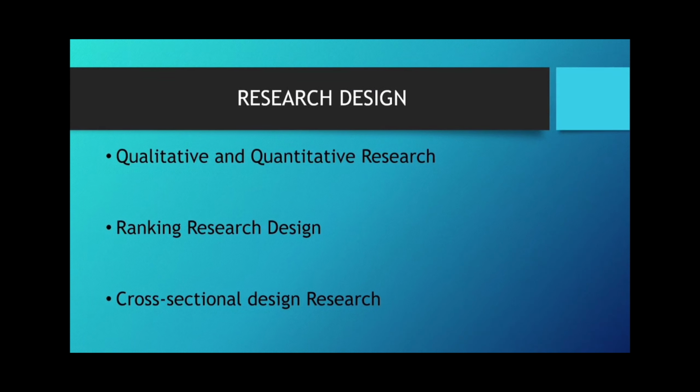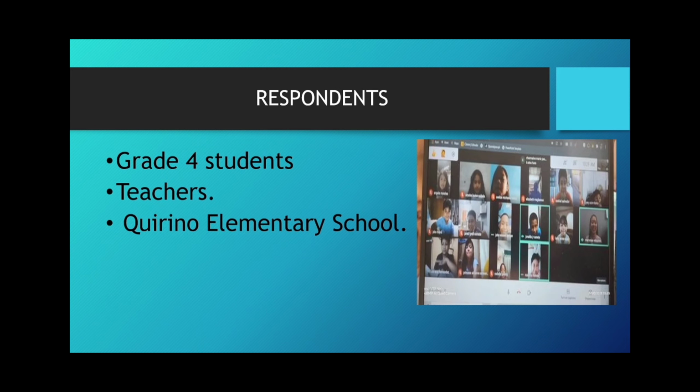And also in this study, we will identify the basis on how we gather the data, like qualitative and quantitative research, ranking research design, and cross-sectional research design. And again, the target market for this is the grade 4 students, teachers, and Quirino Elementary School.